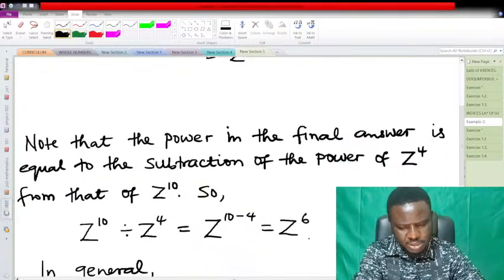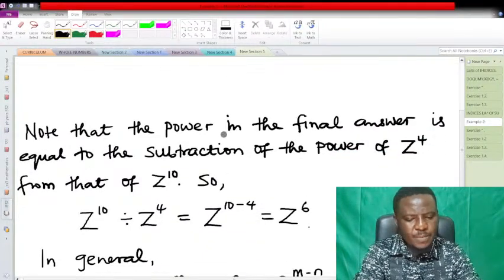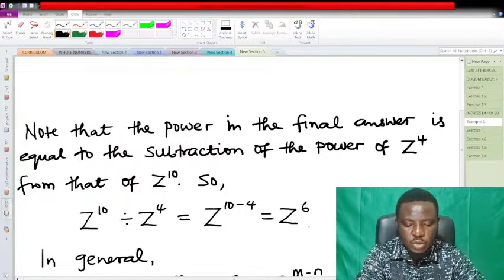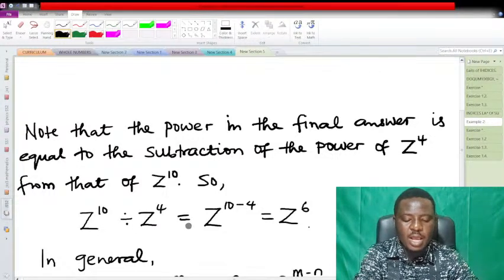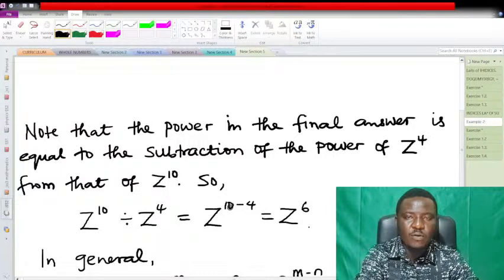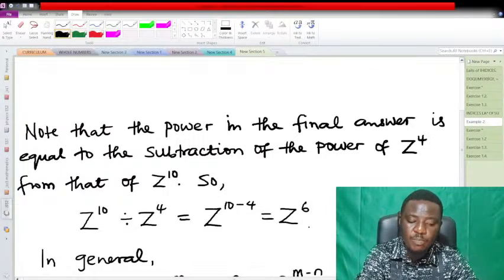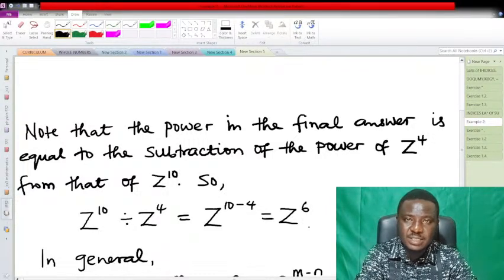Note also, I said that the power in the final answer is equal to the subtraction of the power of z raised to the power of 4 from that of z to the power of 10. So, z to the power of 10 divided by z to the power of 4 is equal to z raised to the power of 10 minus 4, which is z raised to the power of 6.